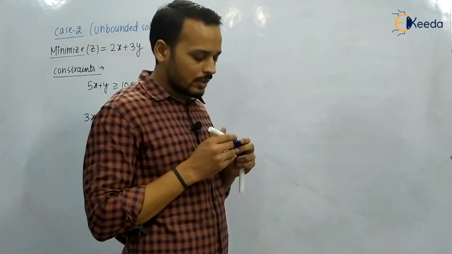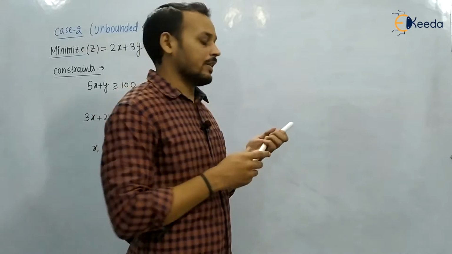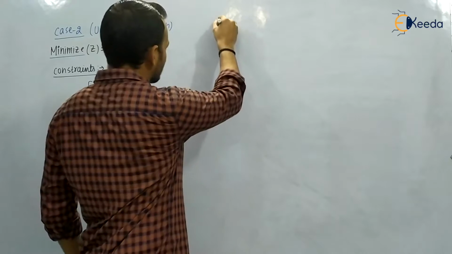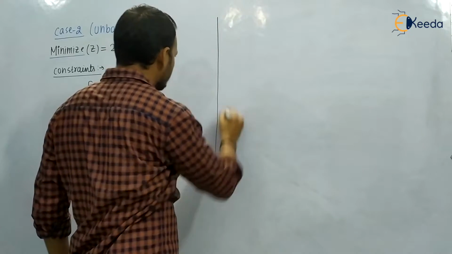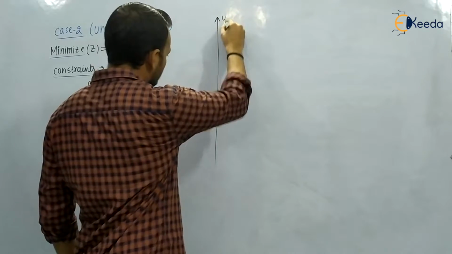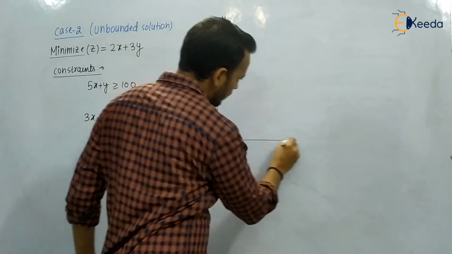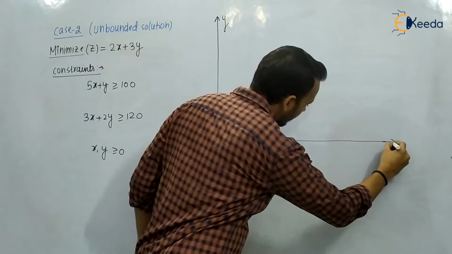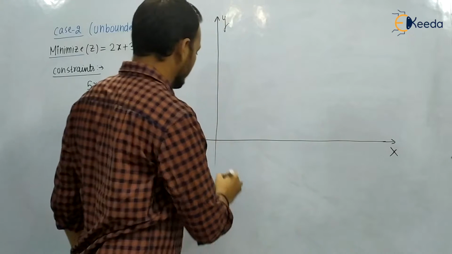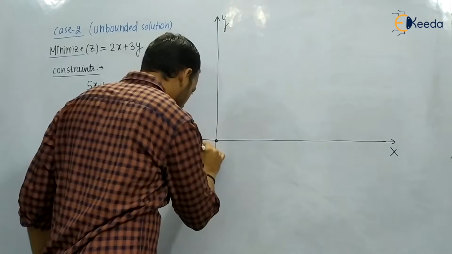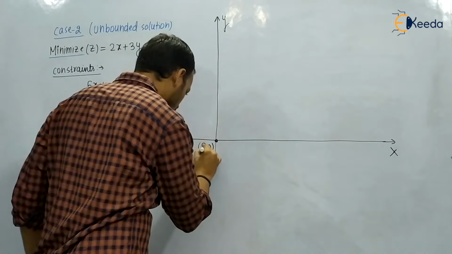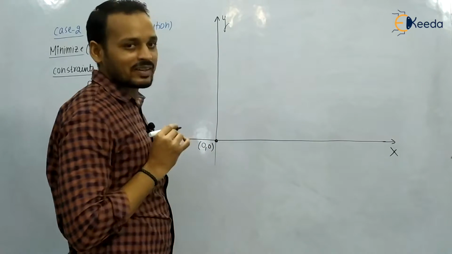So we note the steps: we have to plot the constraints. Take y and x axes, and this is our origin, because the origin is very important in the graphical method.